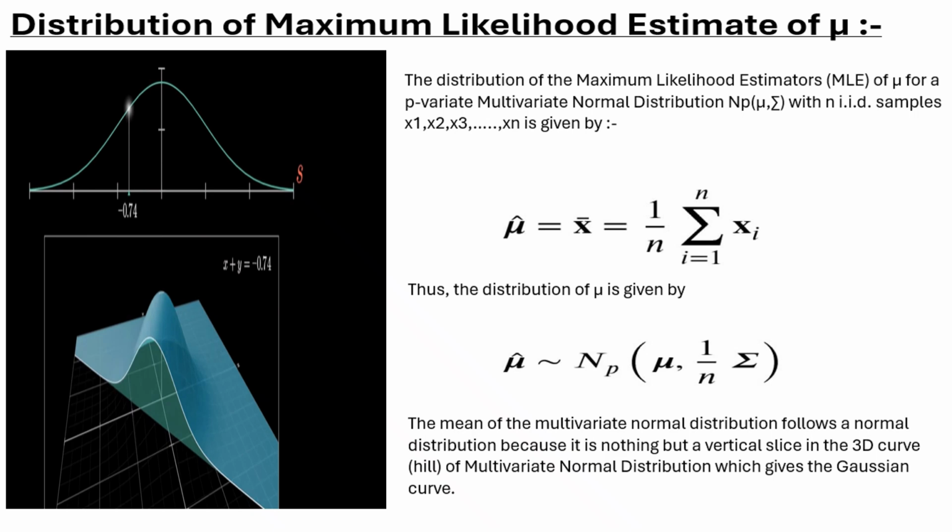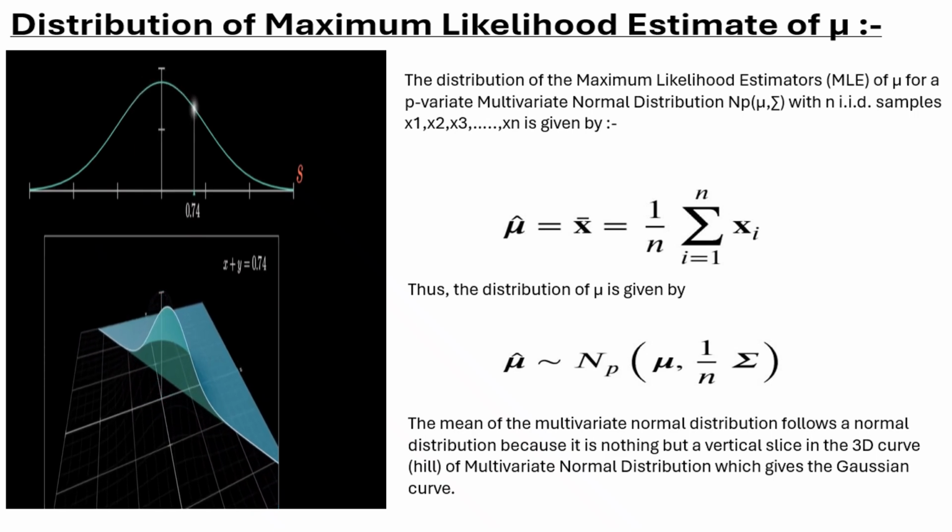The MLE is given as mu cap, which is nothing but the mean of all the values of xi, and mu cap, the MLE of mu, follows a normal distribution. But how can this be visualized? Here we have an animation to validate the same.